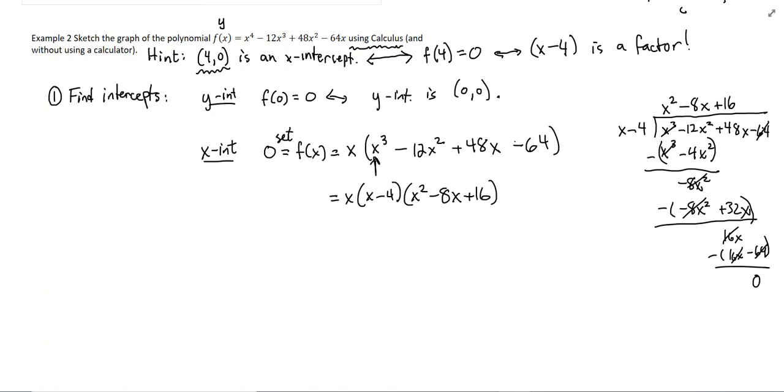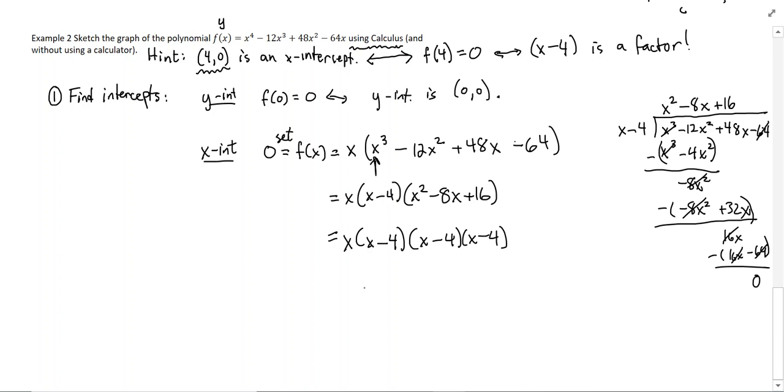You should be able to do this polynomial long division on an exam or quiz. So that factors our function into x times x minus 4 times x squared minus 8x plus 16. Now, that final quadratic factor also factors into x minus 4 quantity squared.